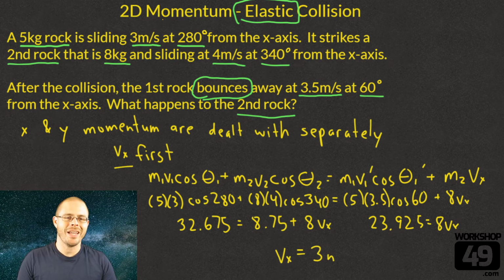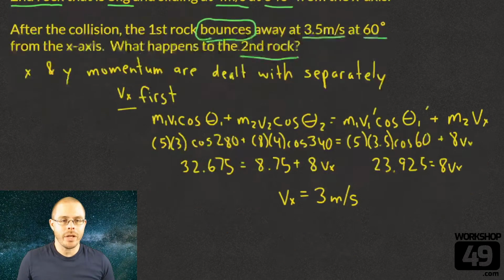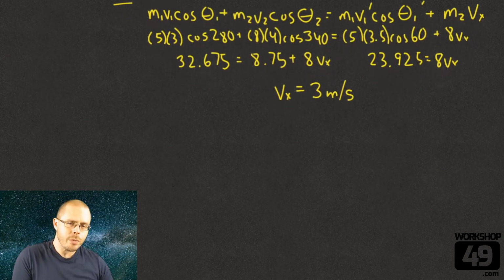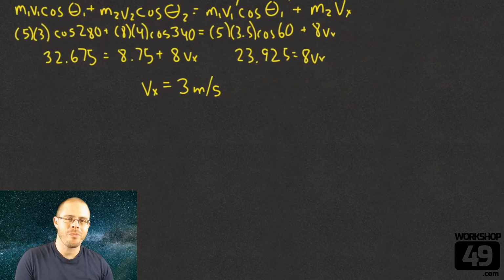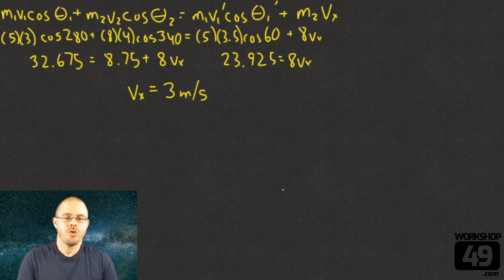Divide both sides by 8. Vx equals 3 meters per second. Our rock, we don't know how much it's going up or down, but it's going 3 meters per second to the right. Let's go ahead and do our y momentum and figure out the second half of this.